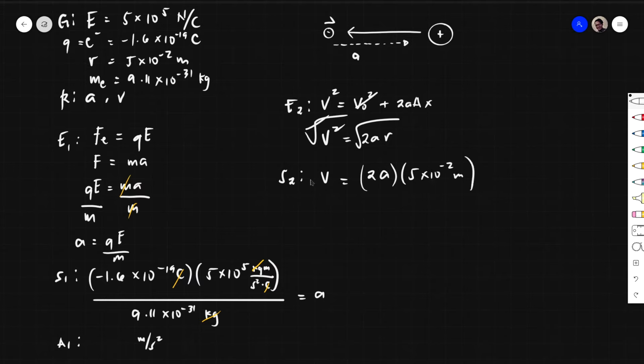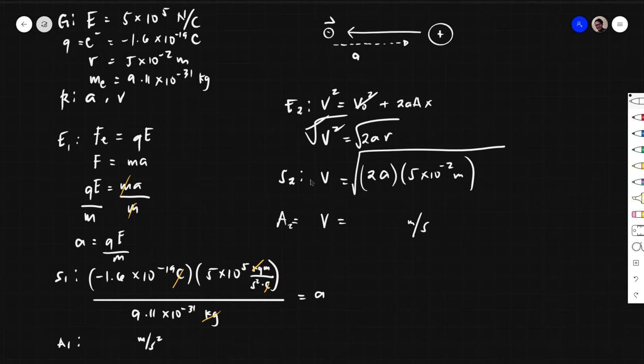Since you're going to square root that, you'll notice that the unit for a is meter per second squared, so meter times meter is meter squared. Then you have second squared here, so your final unit is meter squared per second squared, and since that's under the square root sign, you're going to have meter per second as your final unit, assuring that your final answer is correct. So v equals something at meter per second.